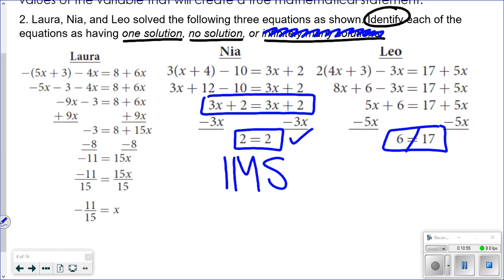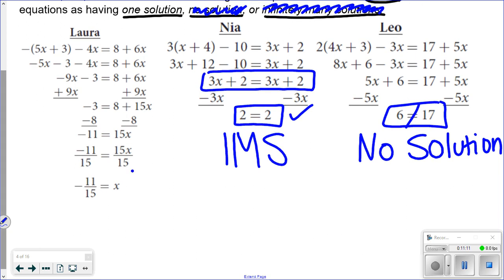No. 6 is never going to equal 17, so there is no solution here. So I have only one possibility left. So if I take a look at Laura, Laura got x equals 1 number, 1 answer. So this is one solution.